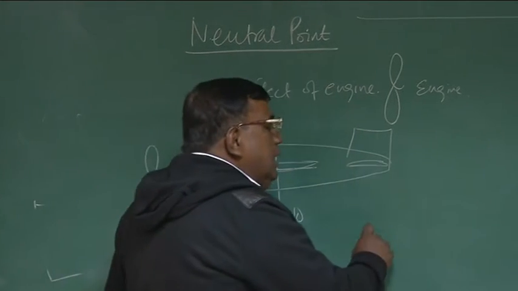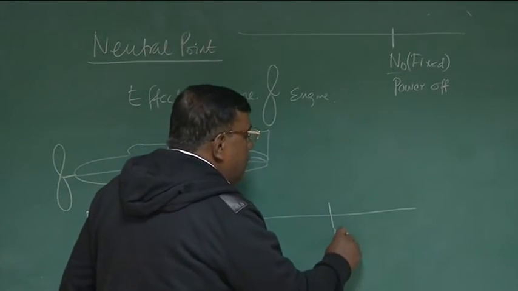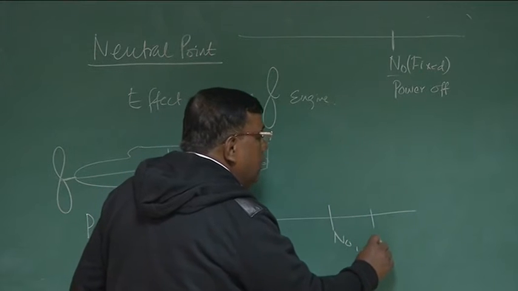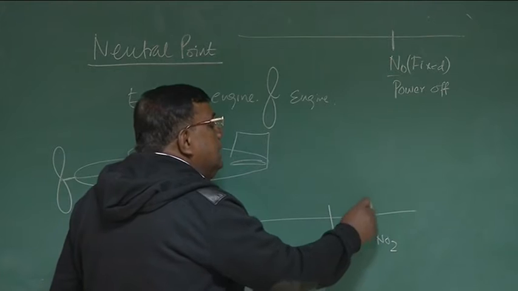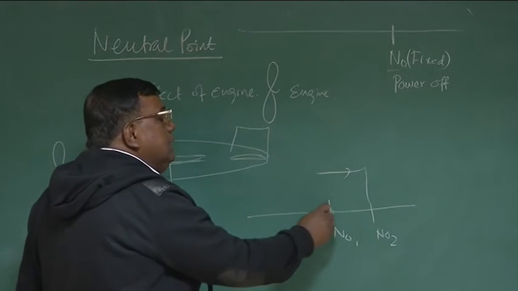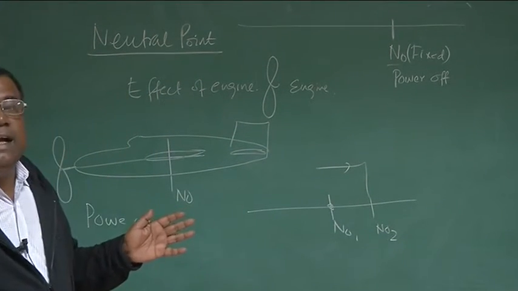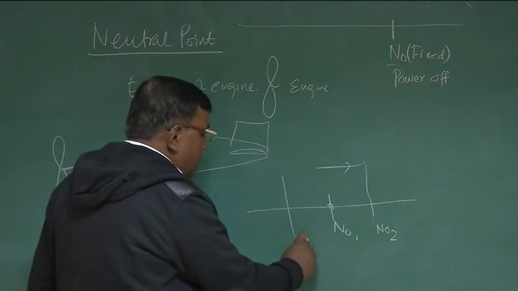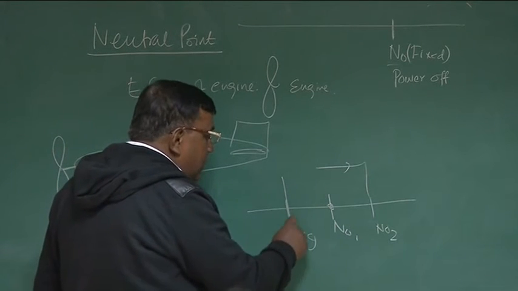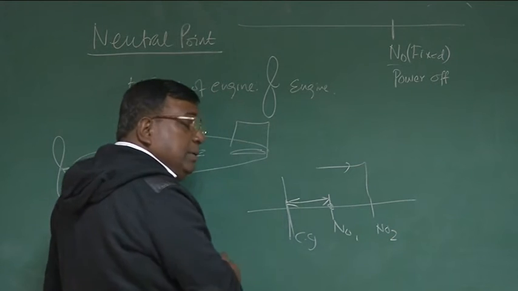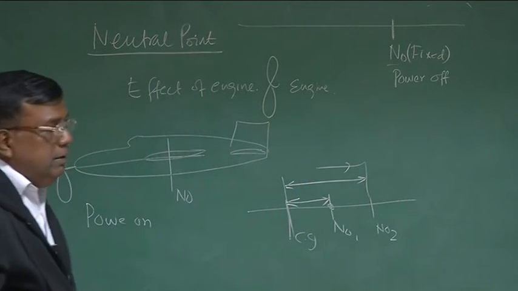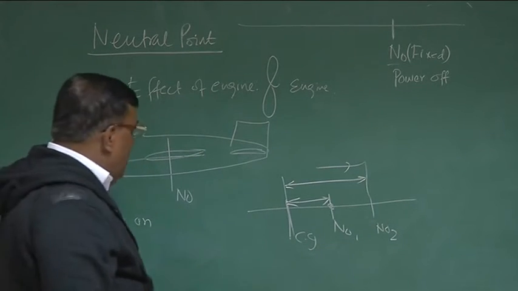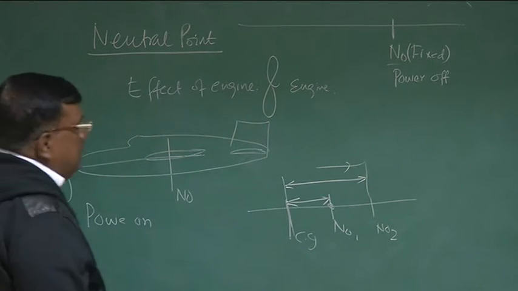Because we understand if this is N01, and this is N02, the other aircraft, then I know that this aircraft is more stable than this aircraft because it has a larger static margin for a given CG location, isn't it? For a given CG location, this aircraft has this much static margin, and this aircraft has larger static margin. Okay? So I would like to know now what happens if thrust is on.